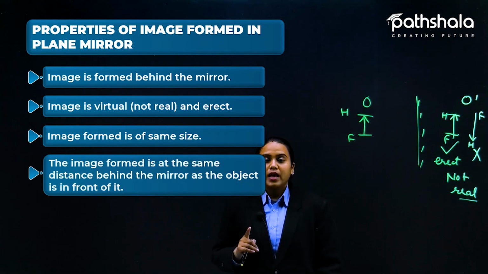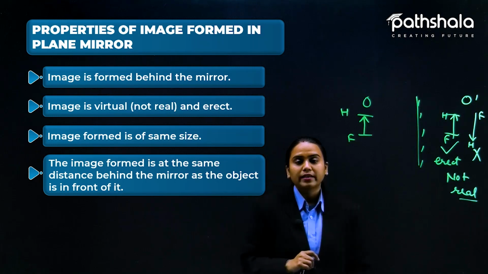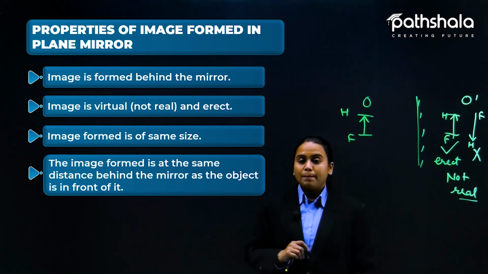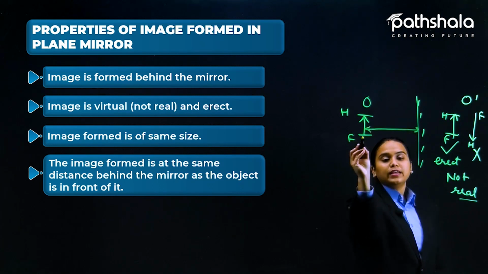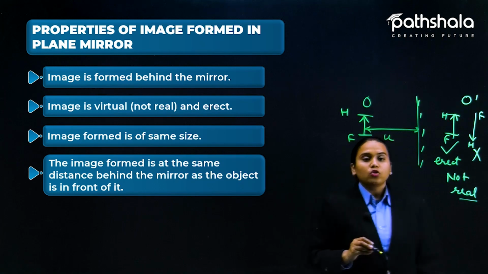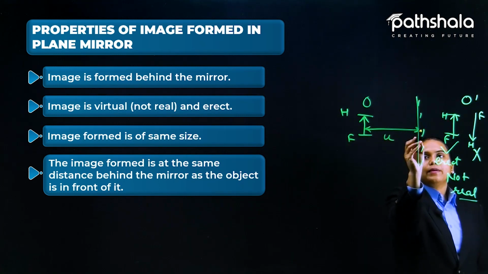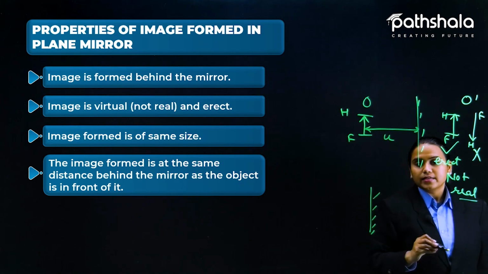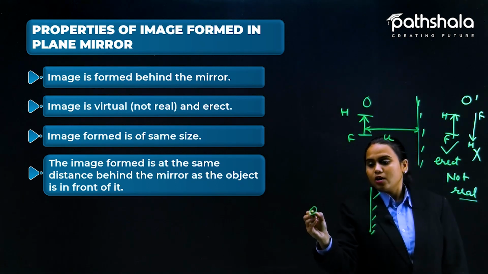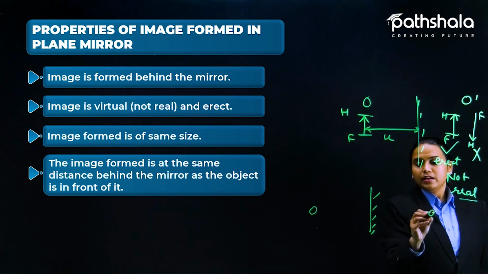Now the last one: the image is formed at the same distance behind the mirror as the object is in front, like the distance between this object and the mirror. Let's suppose it is you. I am making the diagram again. This is the mirror, let's suppose, and this is the object, and here will be the image.